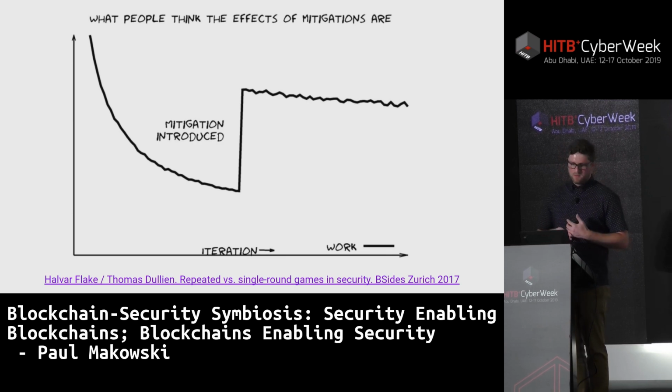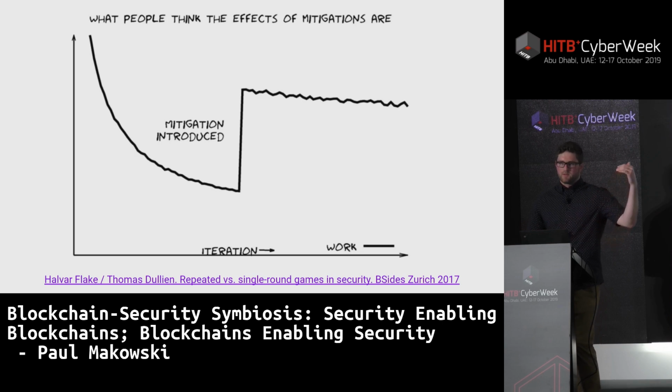I'm not sure why it's not labeled, but it's the difficulty in exploiting a particular target. As more research is published, and people get better and better at taking a look at a particular target, it becomes easier and easier to hack that target.